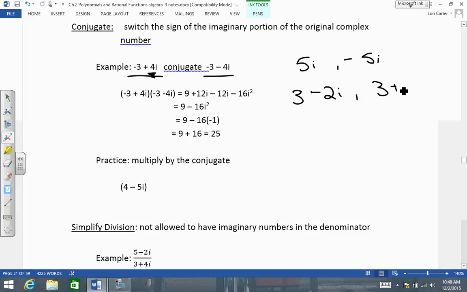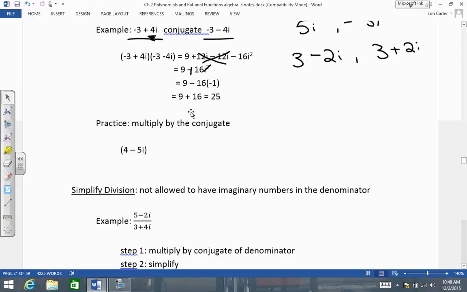You just changed the sign of the imaginary term. Make sense? So here, I take the 2 conjugates, the middle terms cancel, i squared becomes positive, done. Good? Okay, go. Write the conjugate, tell me the answer.